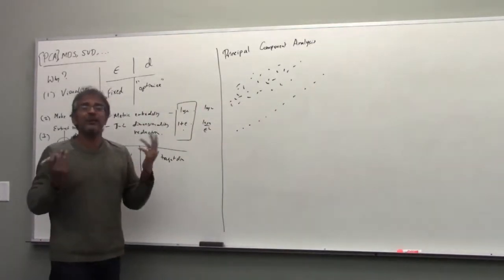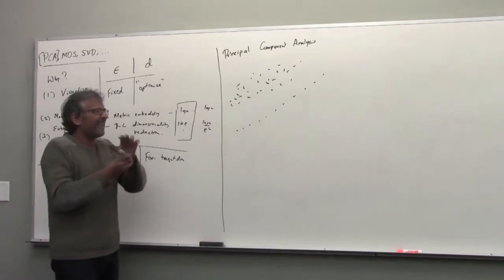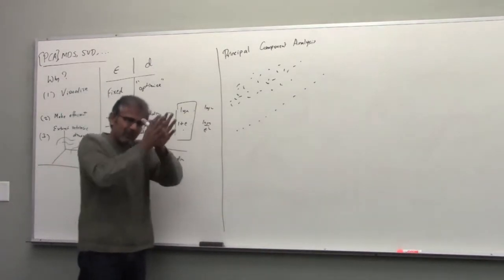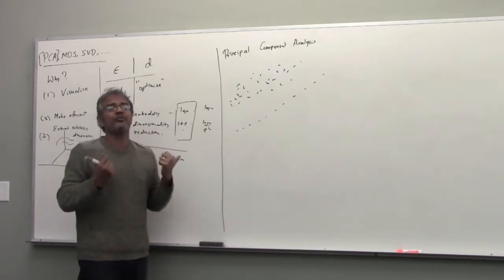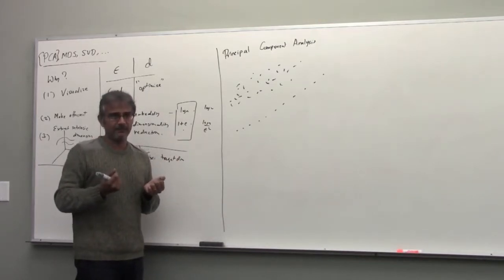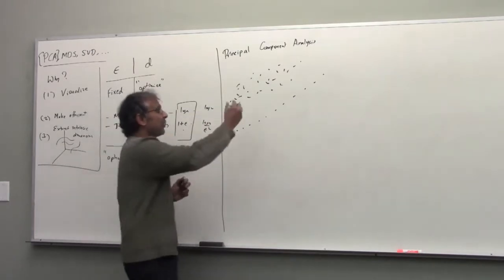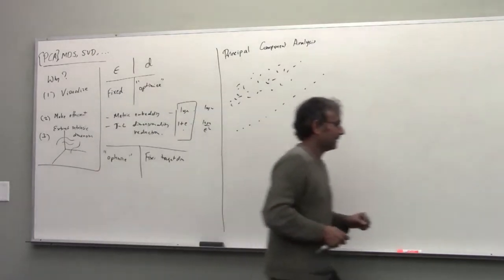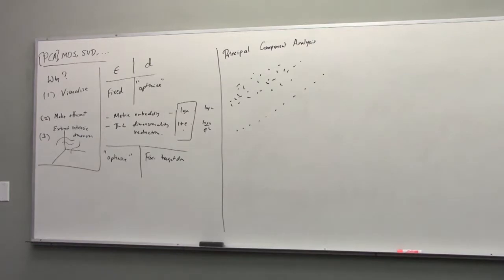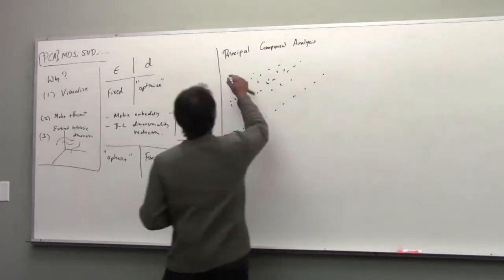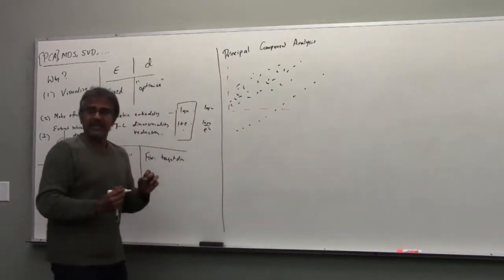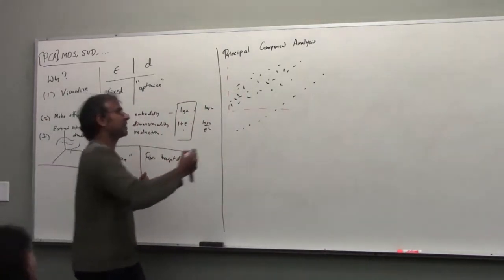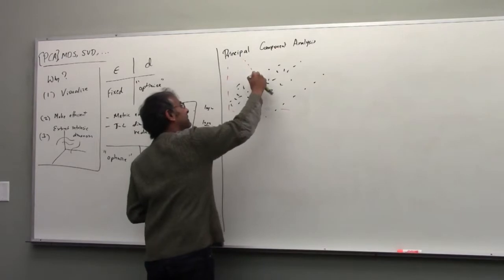Think of PCA as a noisy version of this problem. I have data that has some trends along one dimension, some trends along another dimension, and so on and so forth, and I want to find these trends. Because if I can now transform my coordinate space, so this is my original coordinate space, and my data looks like this, and if I was able to transform my coordinate space so it looked like this.